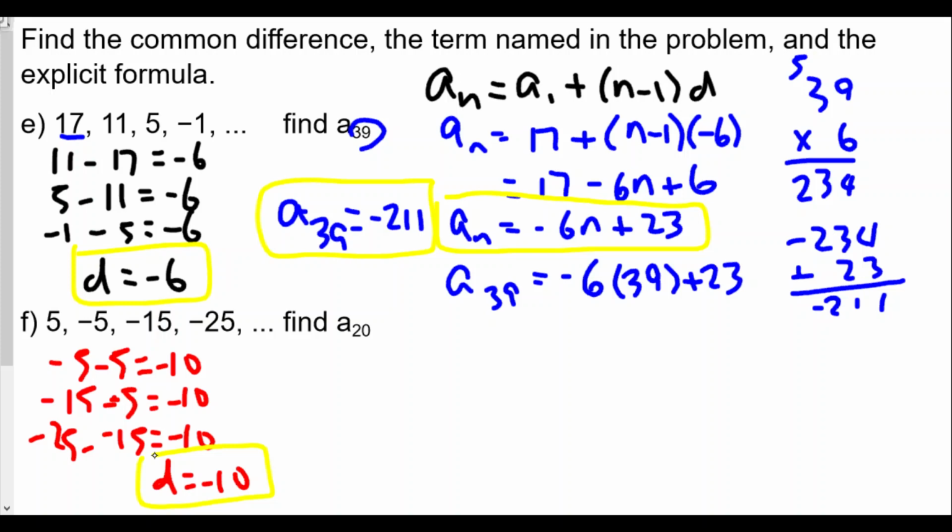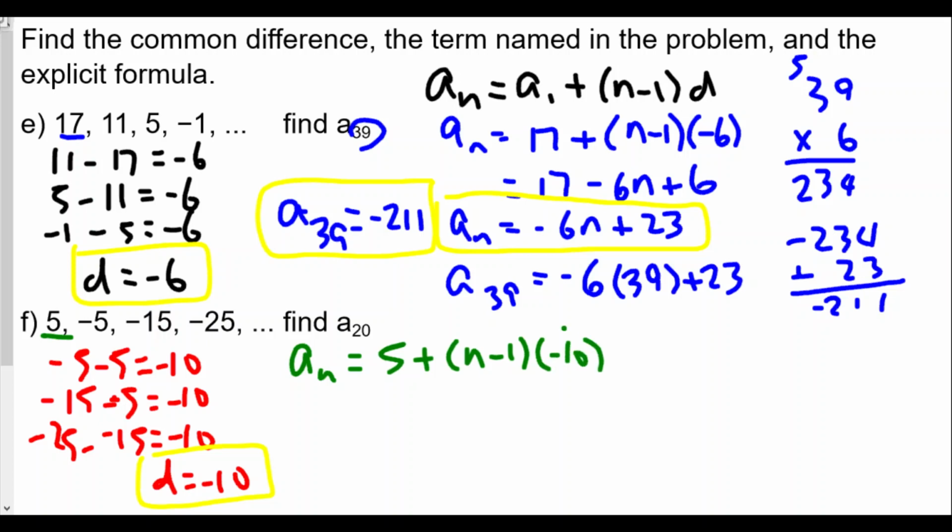And then we want to find our formula again. In this case, a sub n is equal to, this time a1 is going to be 5, plus n minus 1 times our common difference, negative 10.